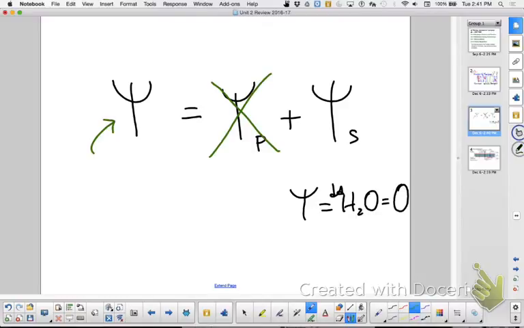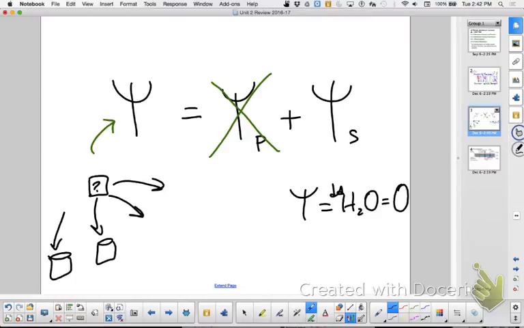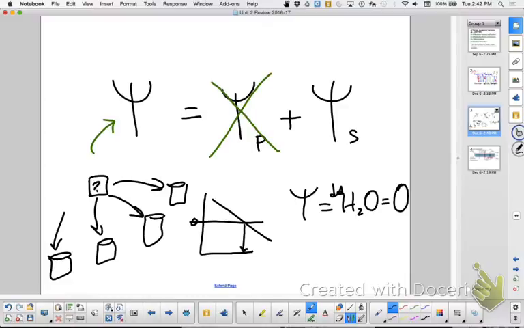I could take my unknown and put it into different molarities of solution, and find the solution where it doesn't gain or lose. I could plot that out with this being 0, and at the point where it crosses 0, that would be the molar concentration where it doesn't gain or lose.